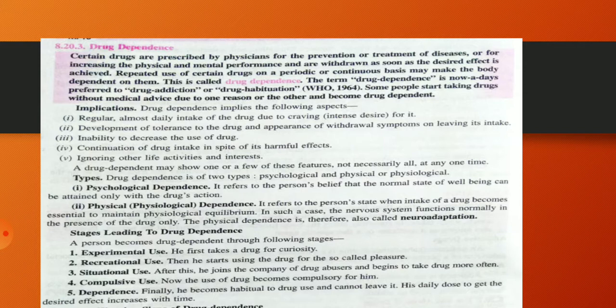So the implication of drug dependence is that whenever we take some drug on a daily basis due to craving, tolerance develops, and withdrawal symptoms appear on leaving its intake.